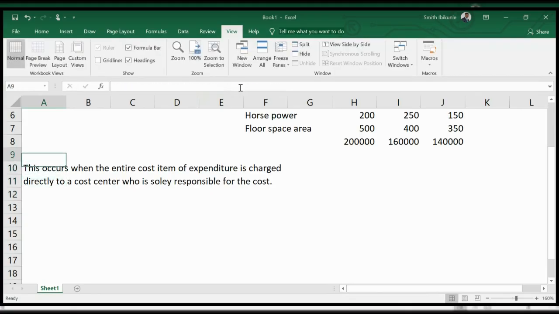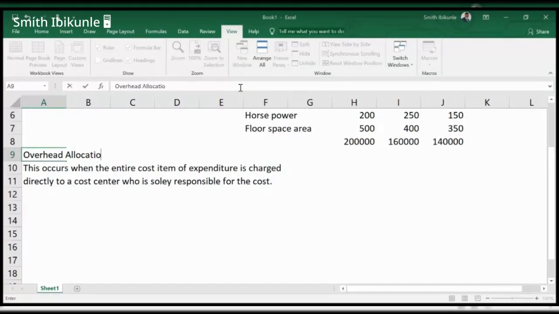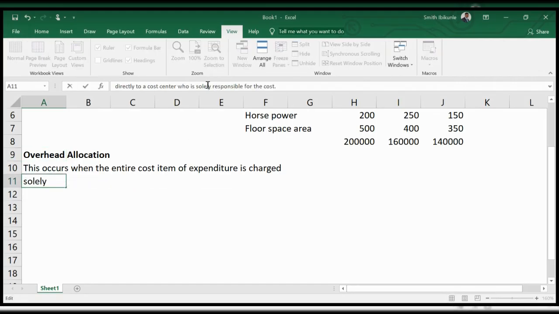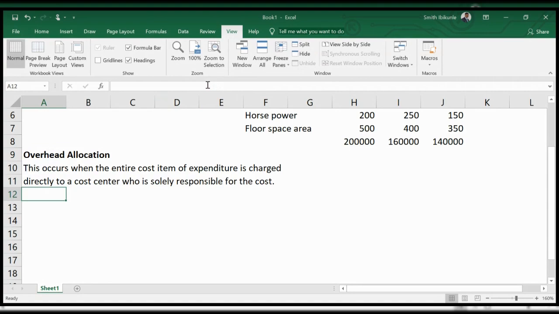So this is overhead allocation. So when the entire cost item of expenditure is charged directly to a cost center, because that cost center is solely responsible for the cost, in that case, what we are doing is overhead allocation.